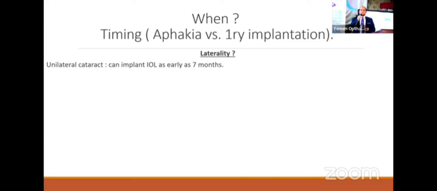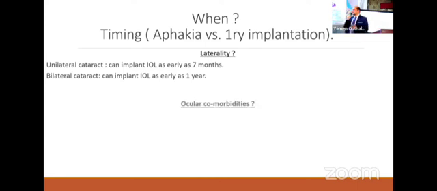Even some surgeons implant earlier than 6 months, but as Dr. Nihal mentioned, the changes in the corneal curvature and axial length during the first 6 months of life are huge, and you will face a huge myopic shift that is unpredictable, and it can lead to amblyopia after that. In bilateral cataract surgery, you can implant an IOL as early as 1 year of age.